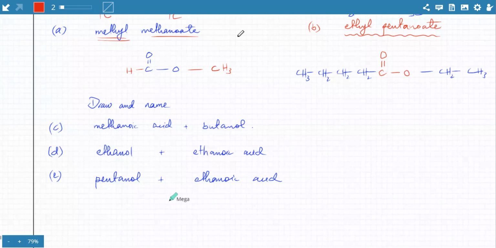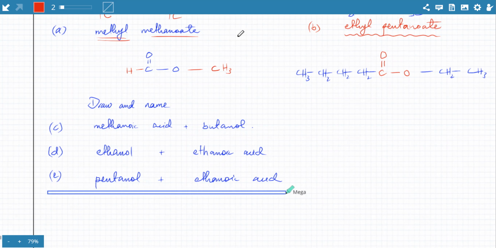Do these 3 first, and after that I'm just writing the name. So draw the structure directly.